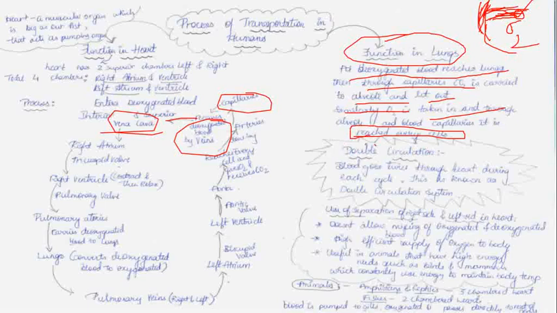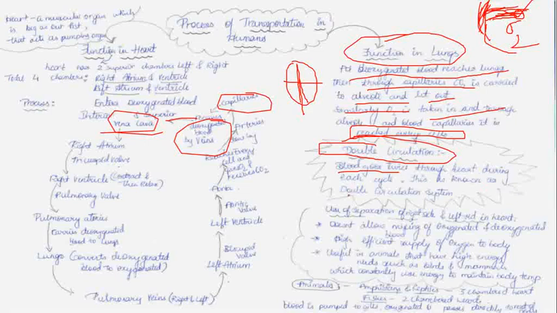There is also an important term, that is the double circulation system. What is the double circulation system? We have studied that the heart is composed of mainly four chambers. We also know that there is a wall that divides the right and left parts of the heart, that is the septum, so it doesn't allow mixing of blood. So the double circulation system is where the blood goes twice through the heart during each cycle.